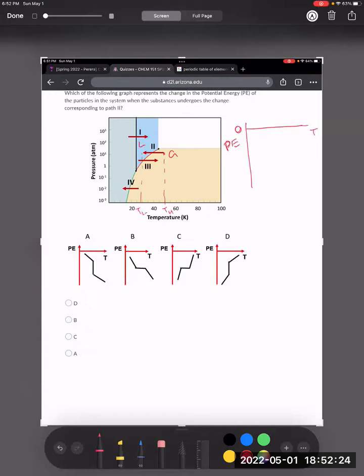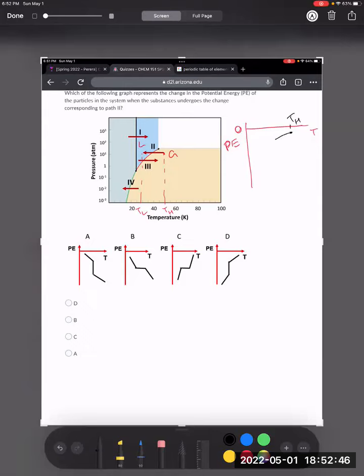This is going to be T low. At high temperature, you should have high potential energy, closer to zero. Therefore, let's say that you are around here. This is my T high, and then when you decrease the temperature, the potential energy decreases slightly.